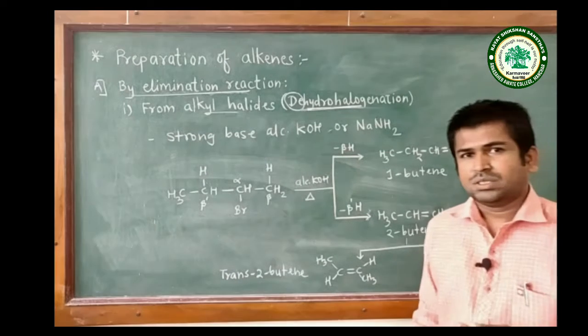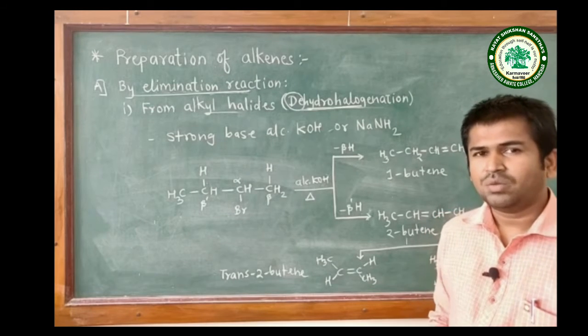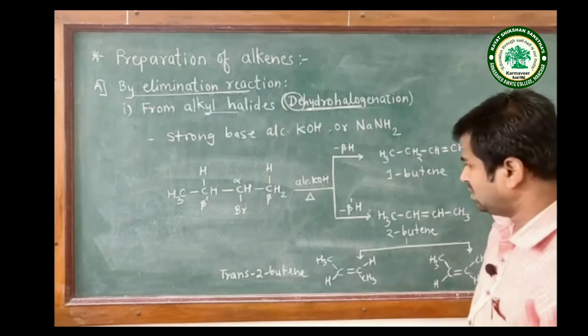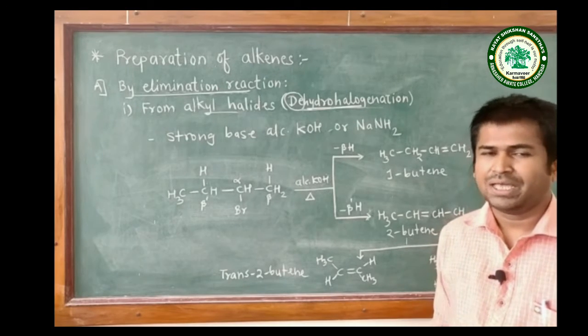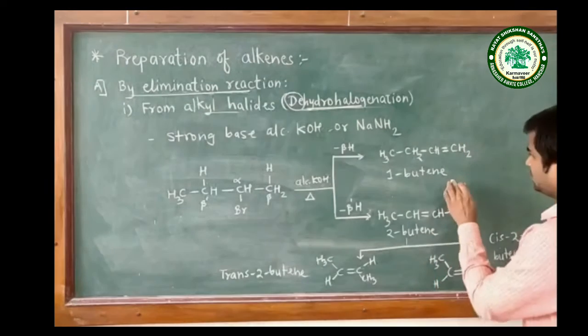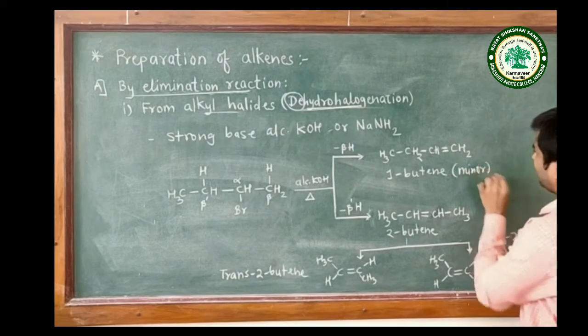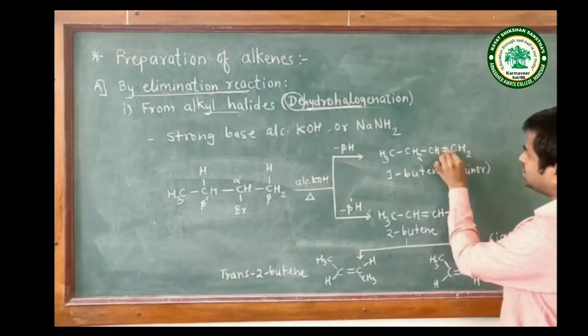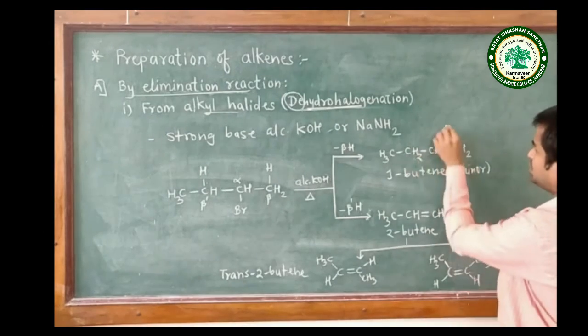Now in such a case, we get three different products. Out of these three different products, the more substituted product is obtained as a major product. So this one is minor because this alkene is a mono-substituted alkene. It is having only one substitution.